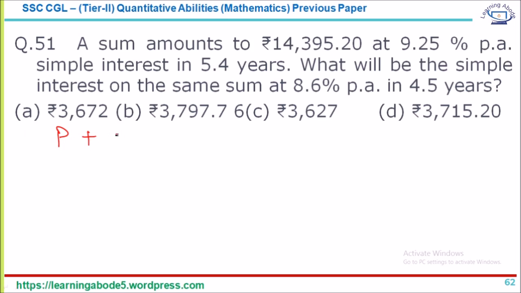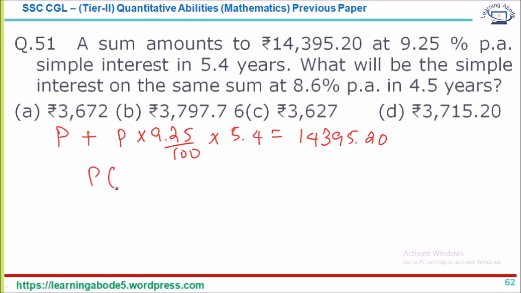So P plus P into 9.25 by 100 into 5.4 is equal to 14,395.20. So if you take P common outside, you get 1 plus 9.25 by 100 into 5.4, that's this value, right?